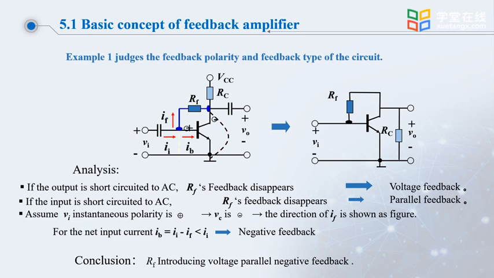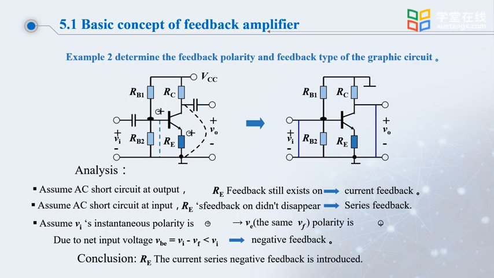So if the RF side is instantaneously negative, the current on the RF should flow from left to right. If the IF current flows from left to right, it weakens the net input current of the basic amplifier. The previous input current was divided into two parts, divided by IF. So it's a negative feedback. It's a voltage parallel negative feedback.